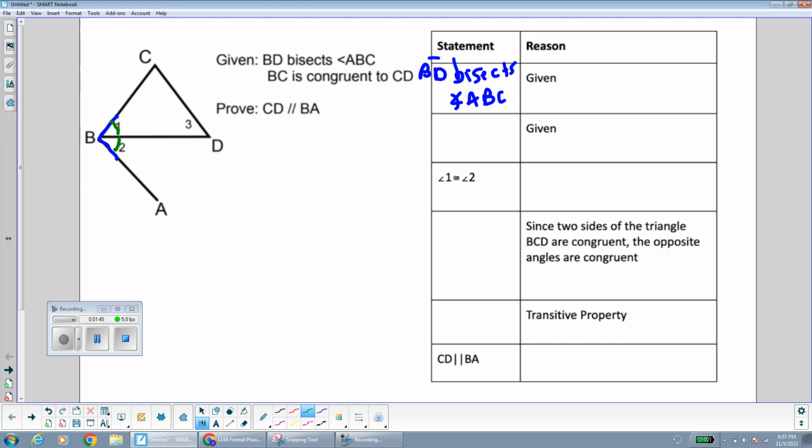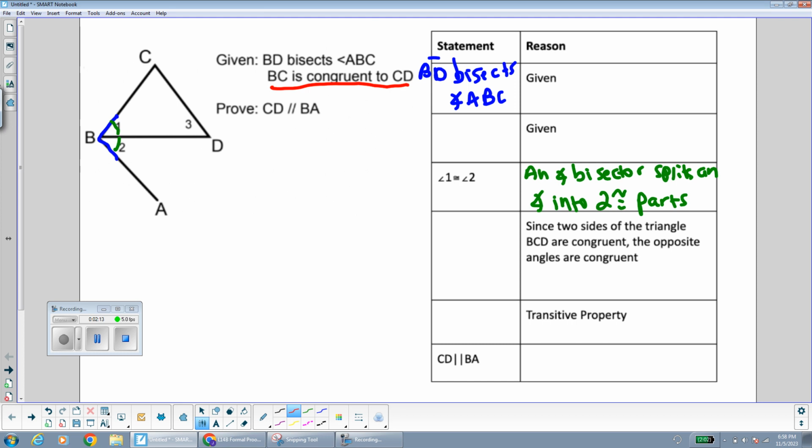We just concluded that since this angle was getting bisected, angle 1 is congruent to angle 2. And that's because we have an angle bisector that splits an angle into two congruent parts.